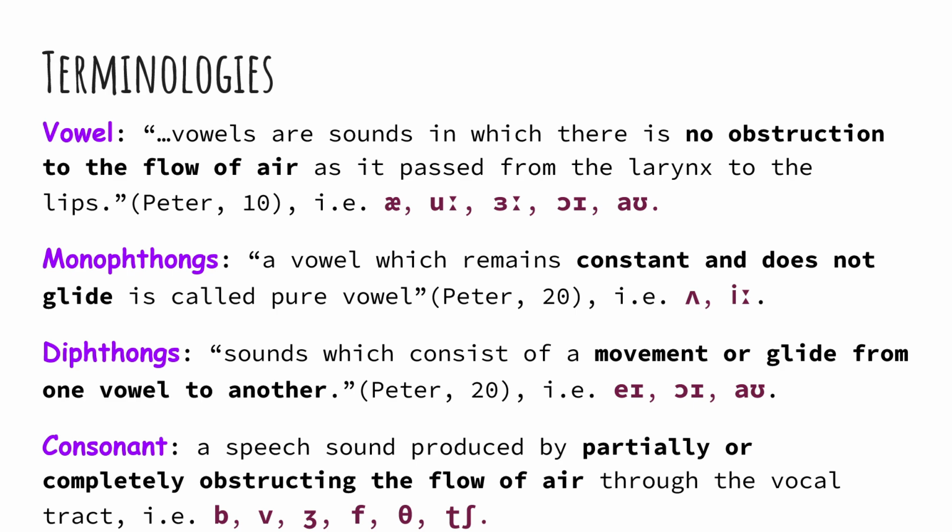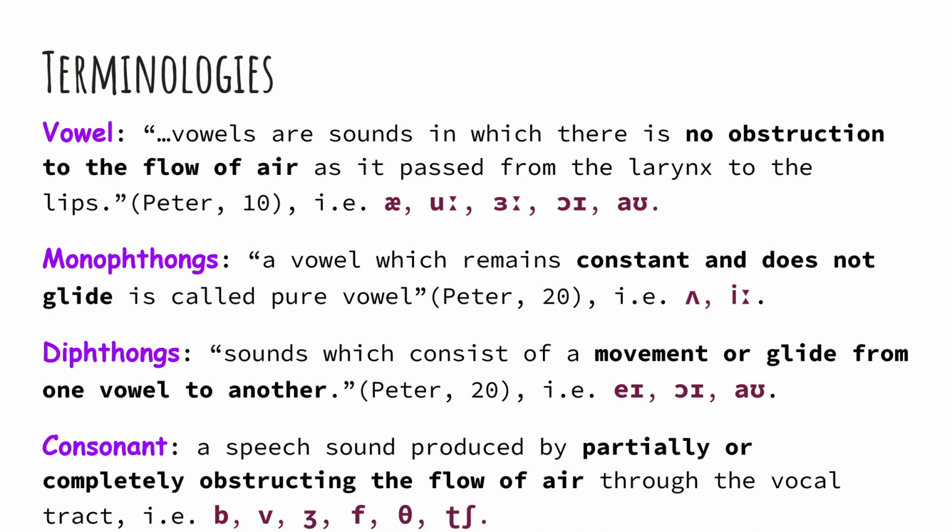The term diphthongs refers to the sounds which consist of a movement or glide from one vowel to another. Or put simply, diphthongs basically means two monophthongs are put together to form a unit. Examples of phonetic alphabets are a, oi, ow.